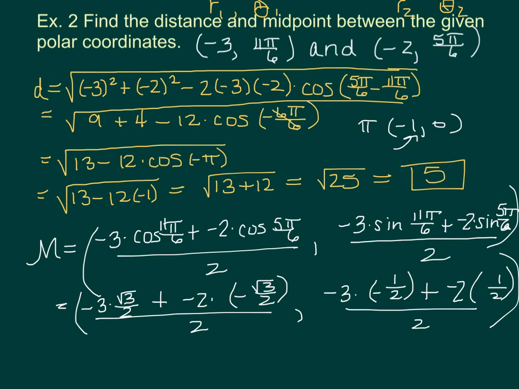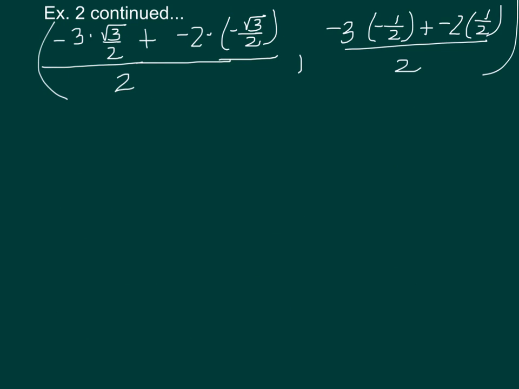Alright, I'm going to move to the next screen because I'm running out of room. Okay, this is what we had on the previous screen, so now I'm just going to simplify. So in my numerator I have negative 3 radical 3 over 2. And these two negatives make a positive. Actually, the 2's cancel out.